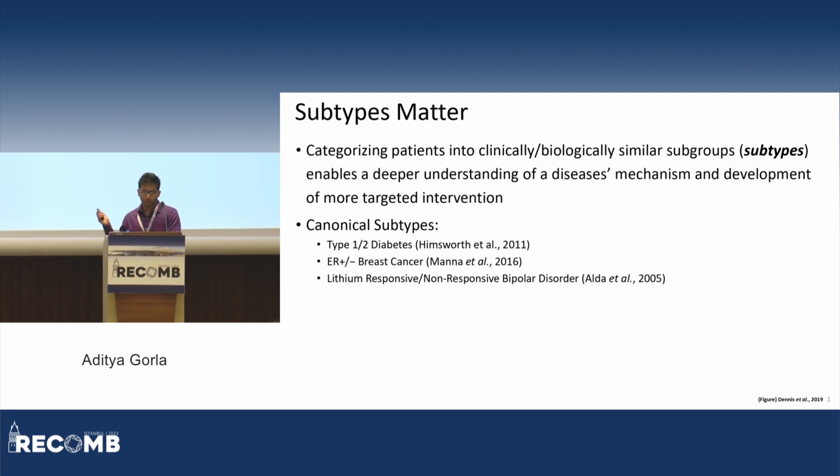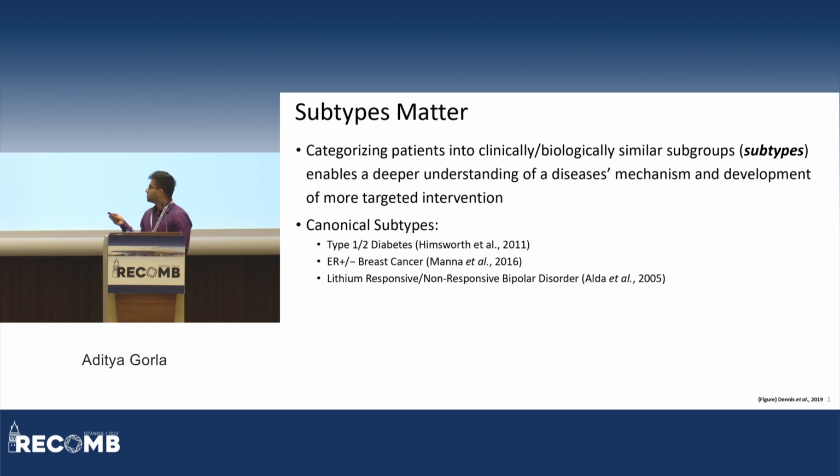And this becomes clear when you consider canonical subtypes such as type 1 and type 2 diabetes, ER positive and negative breast cancer, responsive versus non-responsive bipolar disorder, right? Implicit in these examples is the fact that we're interested in investigating signals or heterogeneity that's within cases, so that we can learn heterogeneity of the mechanism of the disease.